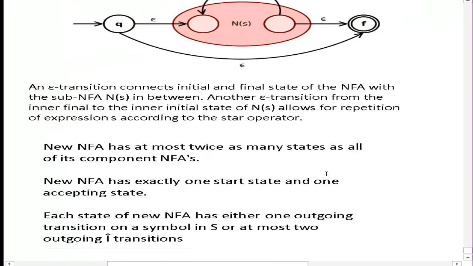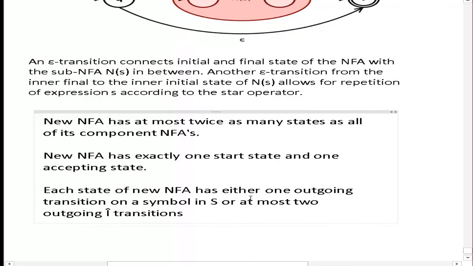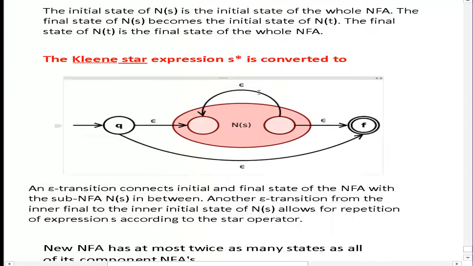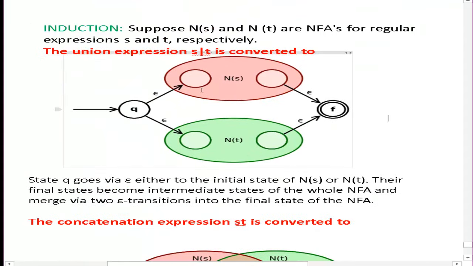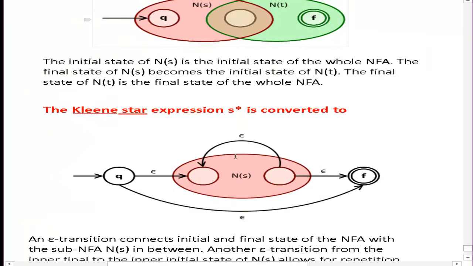So at most there will be twice as many states as whatever components we have. And the new NFA will have one start state and one final state for sure. Each state of a new NFA has either one outgoing transition on a symbol S, or at most two outgoing transitions. So you may have one transition or two transitions, but not more than that. This is to be remembered.